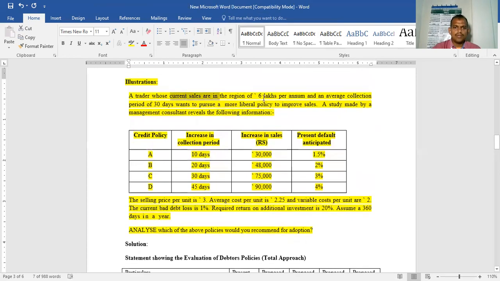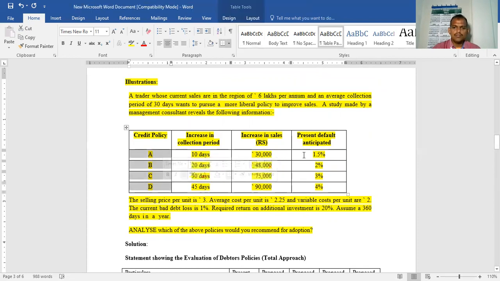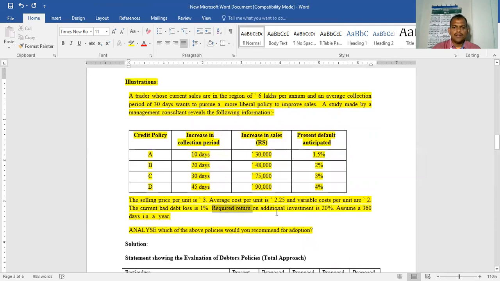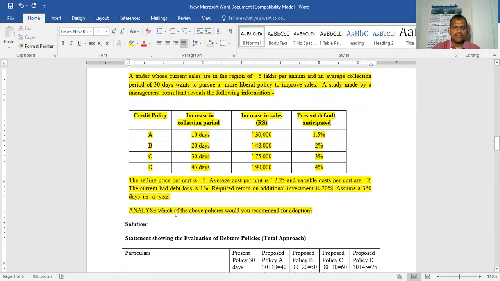So for the current policy, bad debts percentage is 1. For the proposed policies, bad debt percentages are these. Required return on additional investment is 20%. So this is useful while calculating the opportunity cost. So assume 360 days in a year.